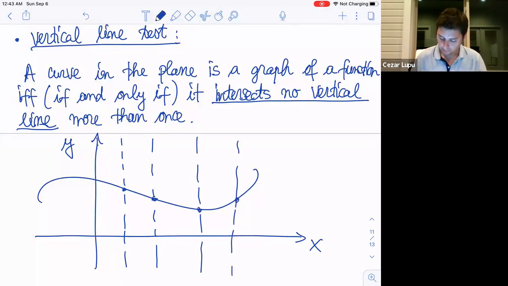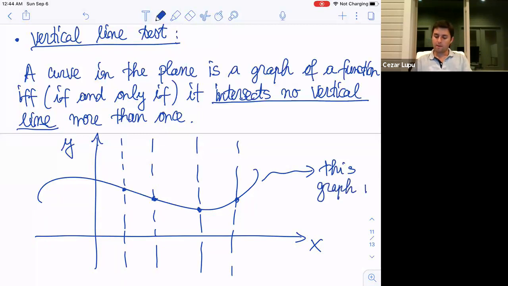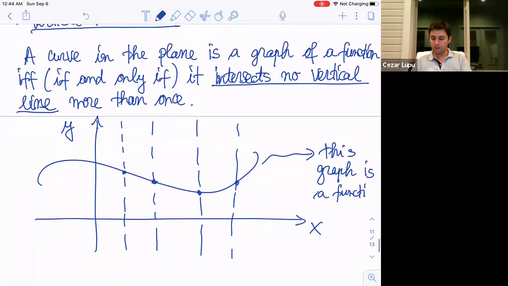So any vertical line that you see intersects the graph just once. For each value x, there is a unique value y, right? So this graph indeed represents a function.